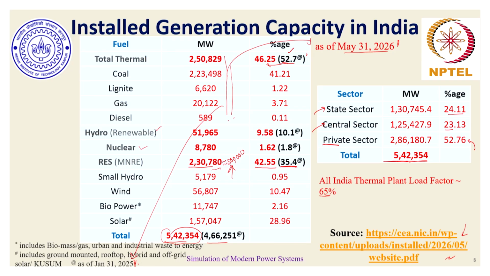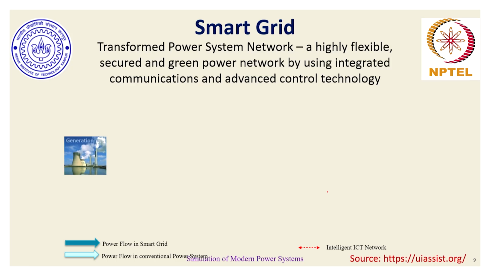Generally, the thermal plant load factor is calculated over a year. So the numbers are still low, the reason being the renewable generation has come up, and this number is only for the thermal plants. But overall, as electrical engineers, we should aim for designs and proper system operation and utilization so that this number tends to reach 1 or 100%.